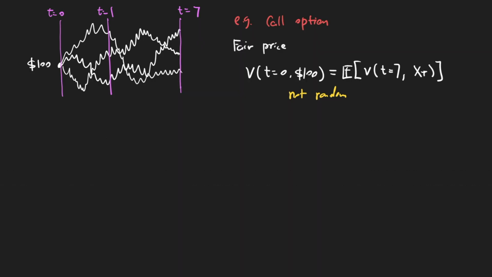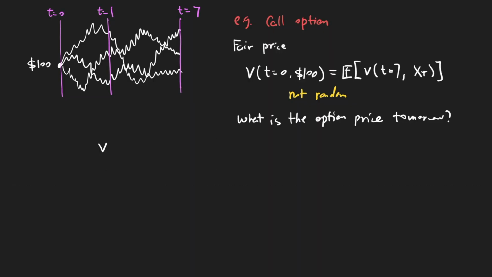Okay, now for the conditional expectation, let's think about this case. The question we want to ask is, what is the option price tomorrow? Now that's where the conditional expectation comes in, because we don't know the stock price tomorrow. And we know that the option price depends on the stock price. We can still write the option price in this way.